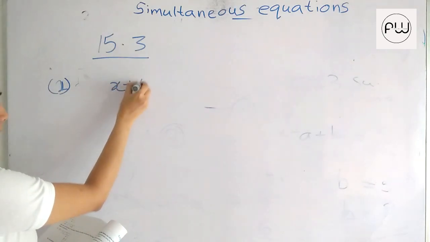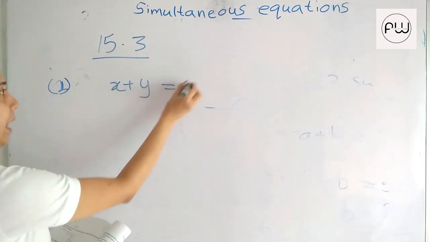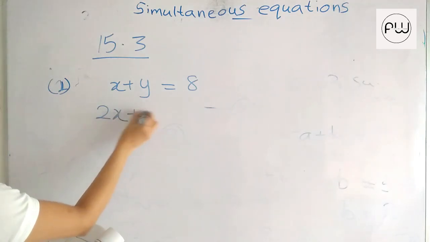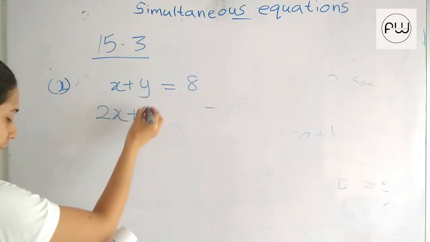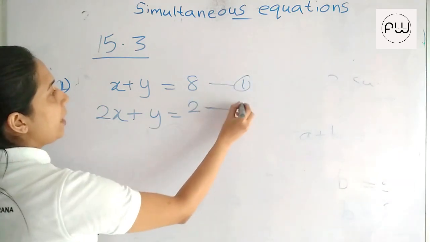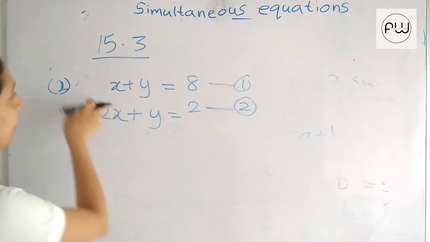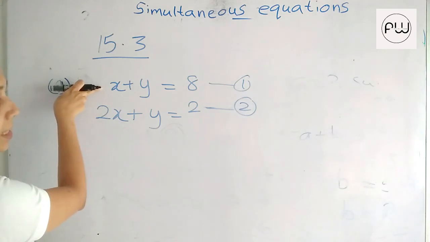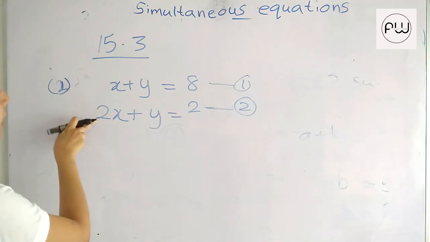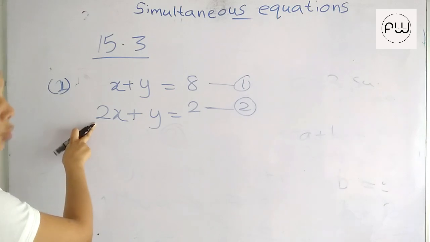Second one, x plus y equal 8 and 2x plus y equal 2. The first equation and the second equation. Now see here, the coefficient of x in the first equation is 1, but the coefficient of x in the second equation is 2.